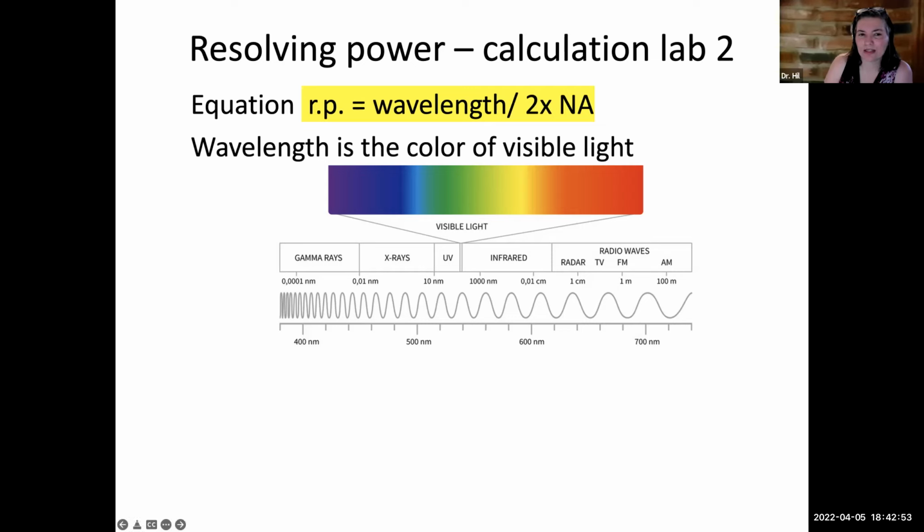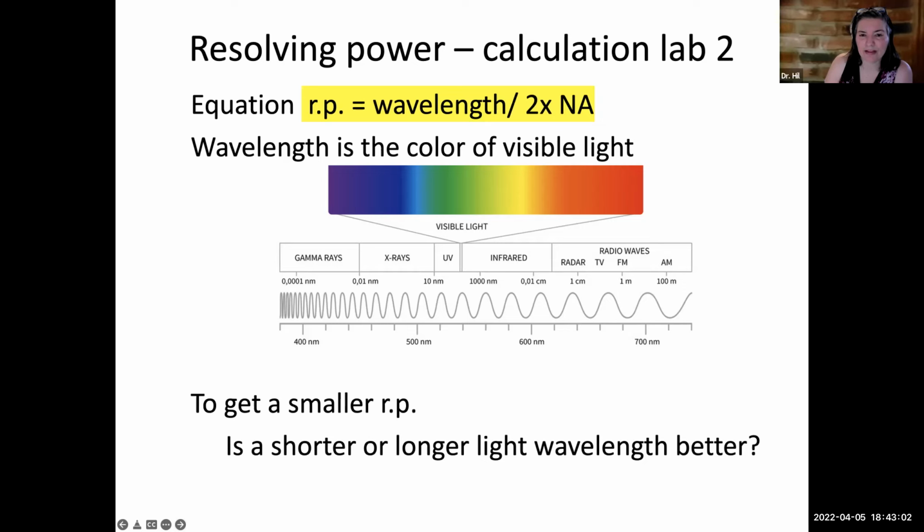So when we look at this, if we want to get the smallest RP value, what kind of wavelength do we want? Do we want short wavelengths of light or do we want long wavelengths of light? Do we want small wavelengths or big ones?